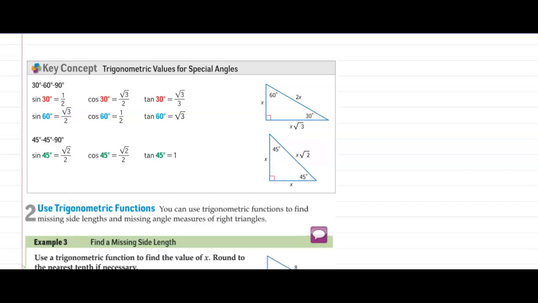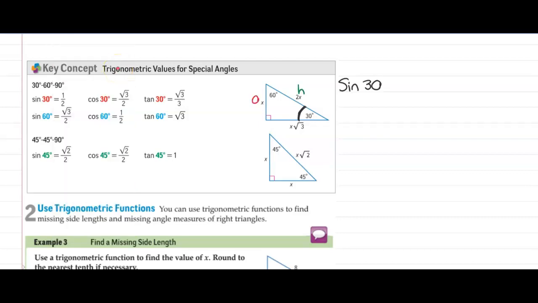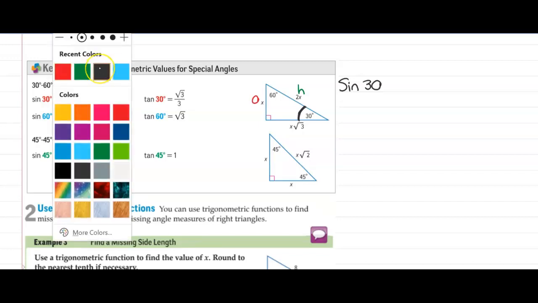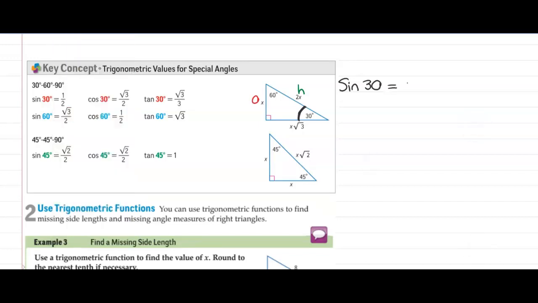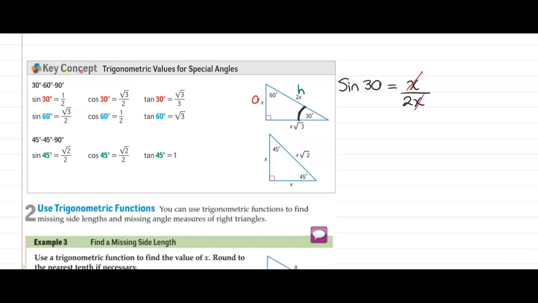When we look at this with respect to one of the angles, for instance, 30 degrees, if we want to find the sine of 30 degrees, the hypotenuse is 2x, the side opposite is x, so I need to take my opposite over my hypotenuse, and then I will simplify, leaving me with 1/2, which is exactly what we get over here.